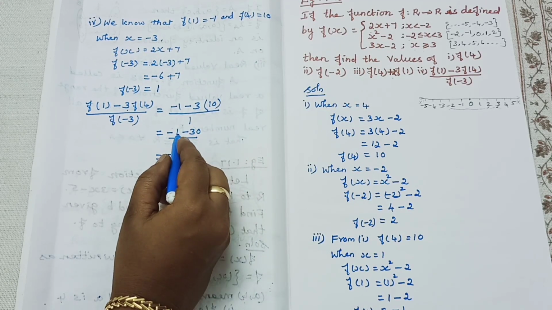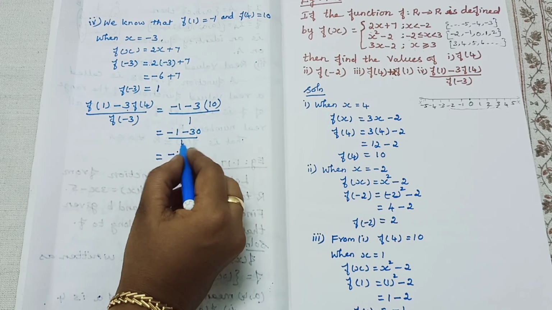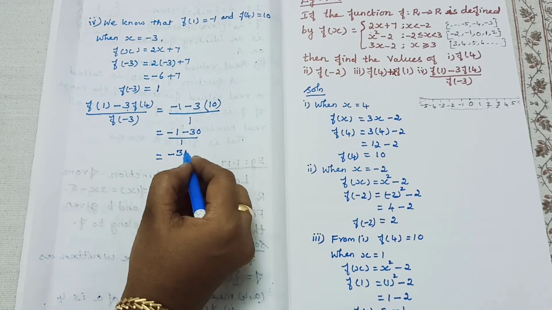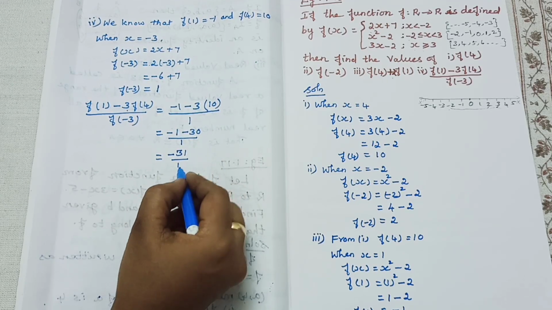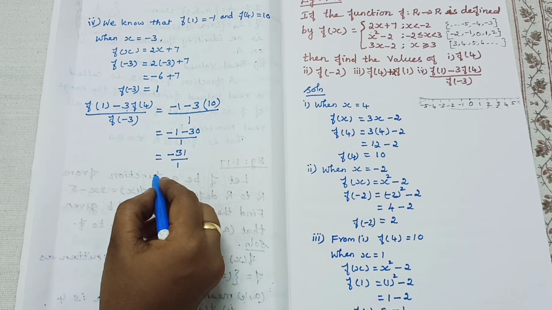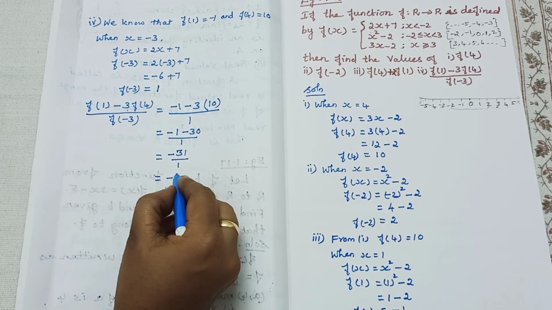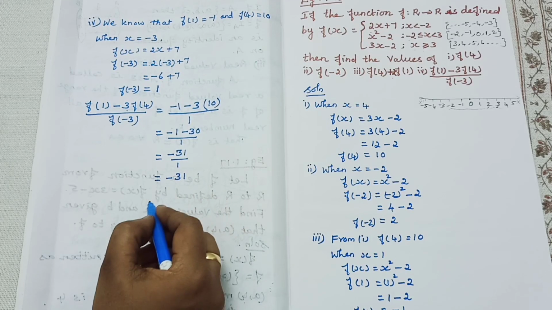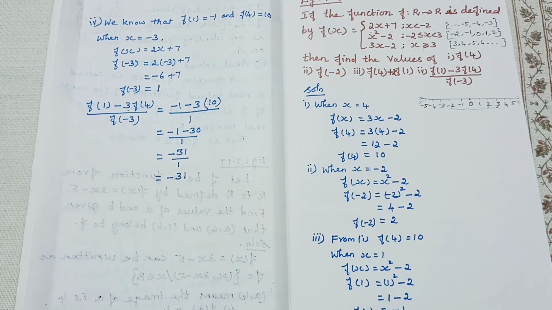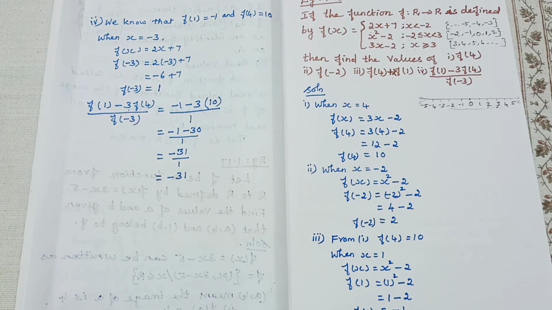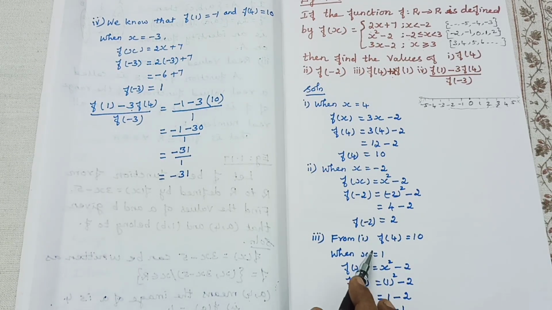Now on page number 23, one progress check is given. That is for your homework. Progress check: state true or false.